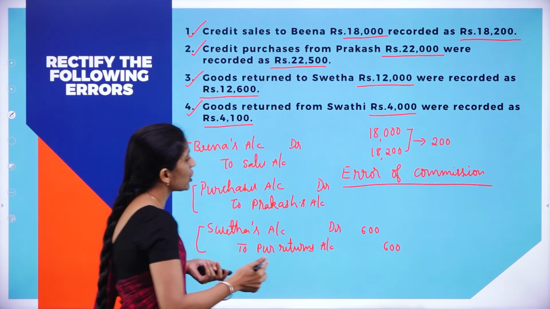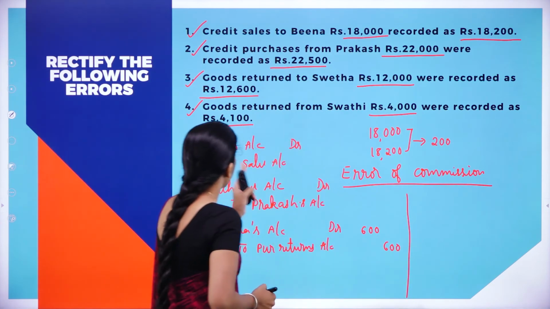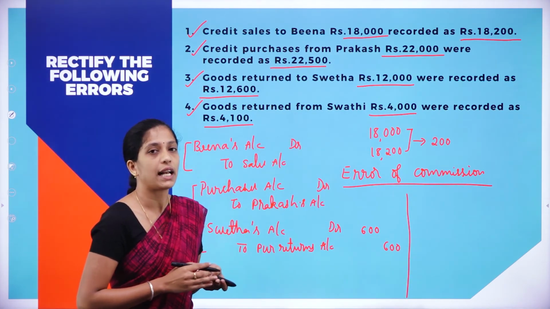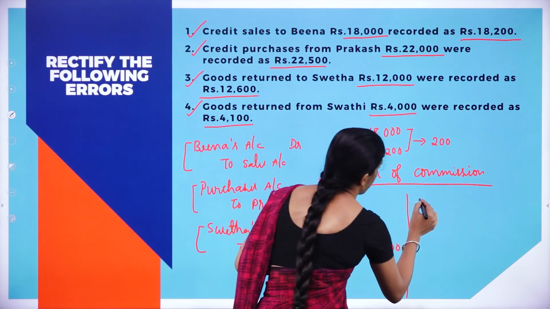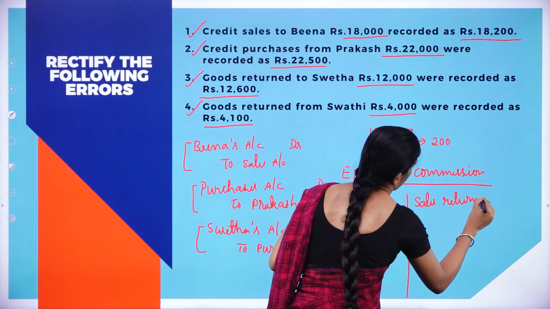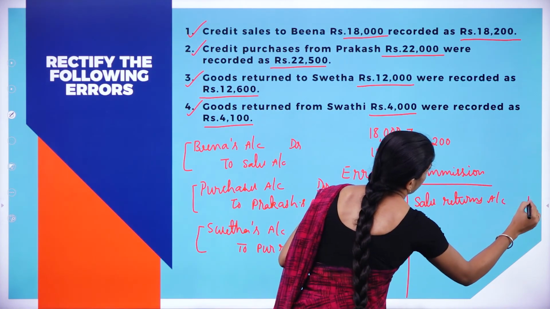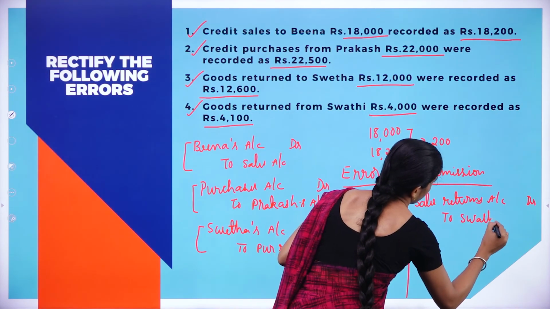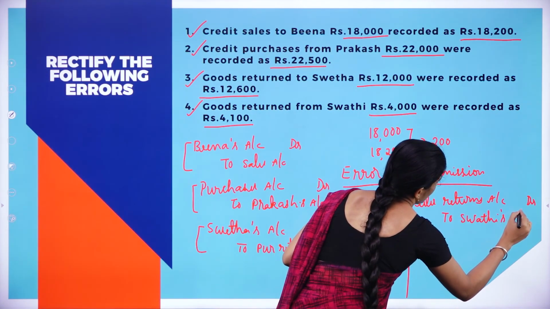So, what is the correct journal entry? That is goods returned from Swati. So, what is the correct journal entry? That is sales returns account debit to Swati's account.